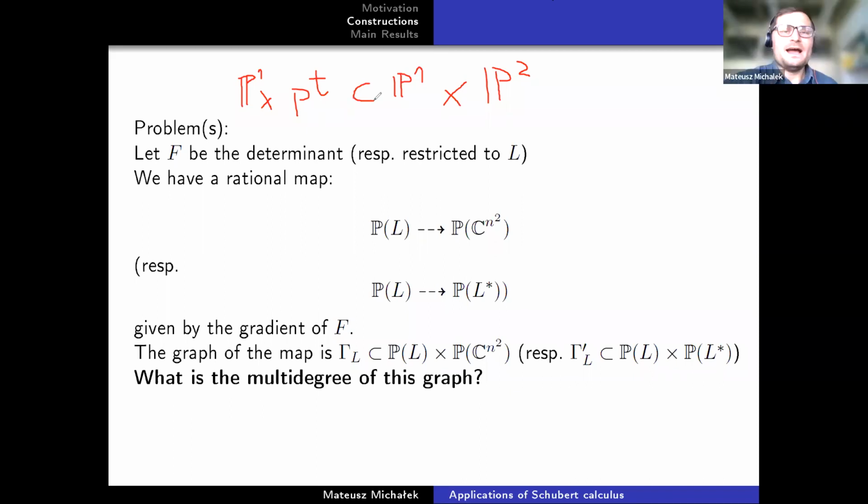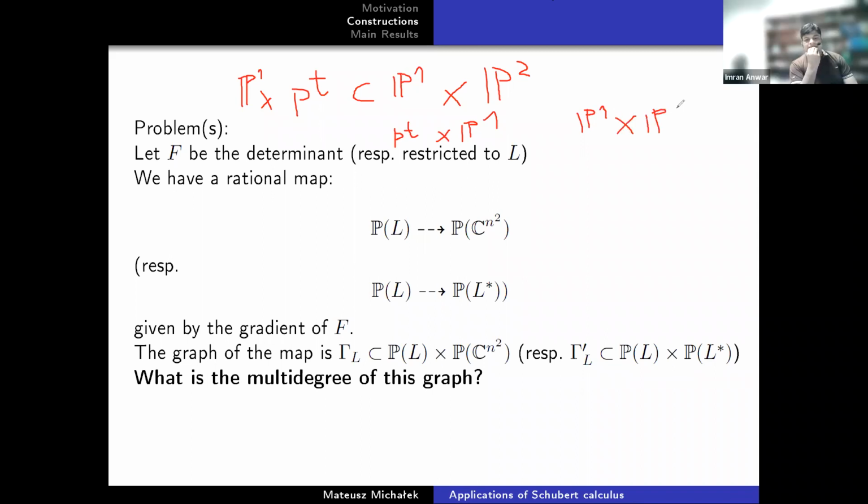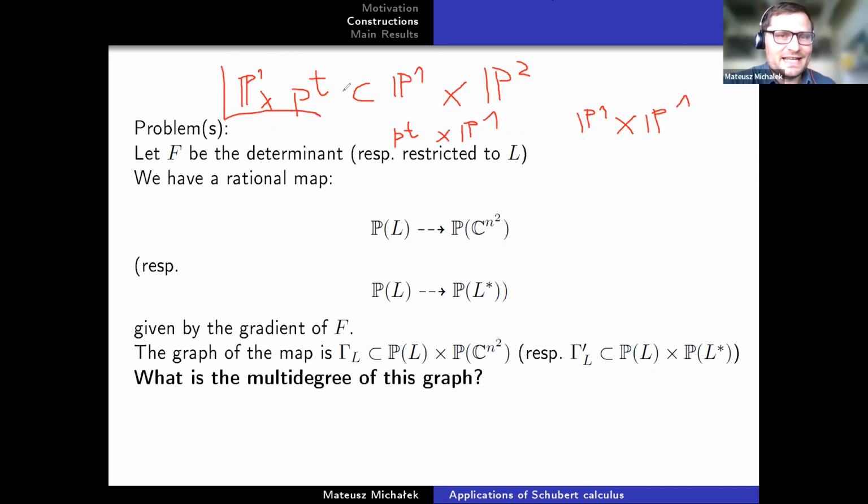Now the two hyperplanes here are of the type point times P1, this is what I was calling H1, and P1 times P1, this is what I was calling H2. Now what happens when I intersect this and this?